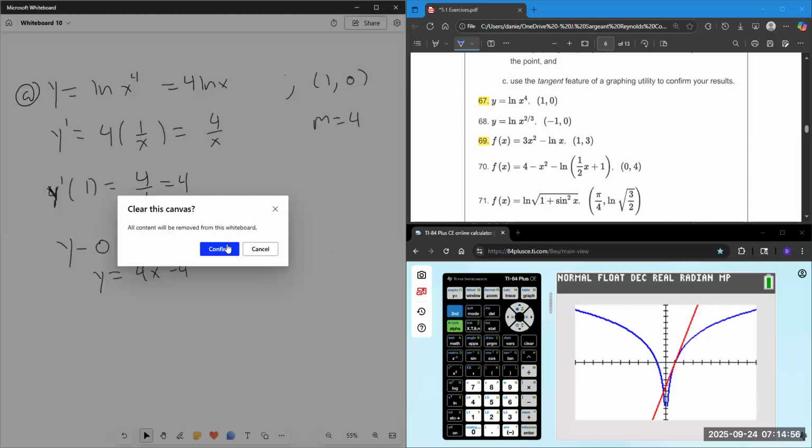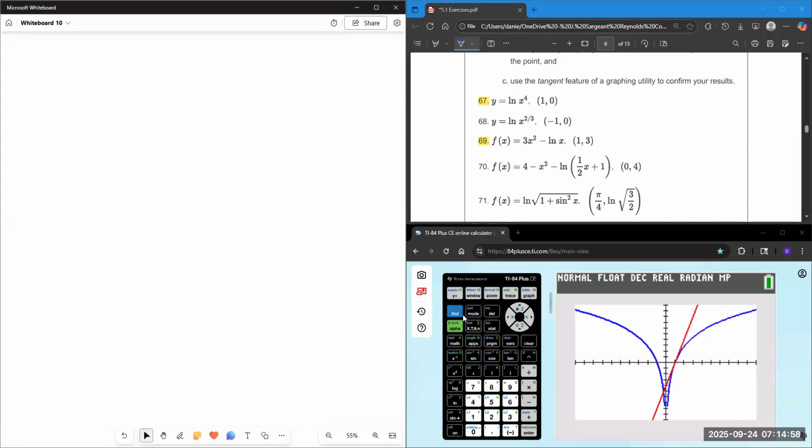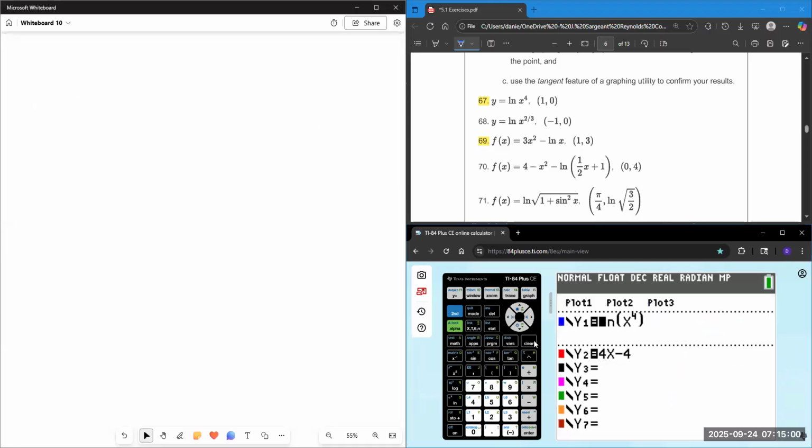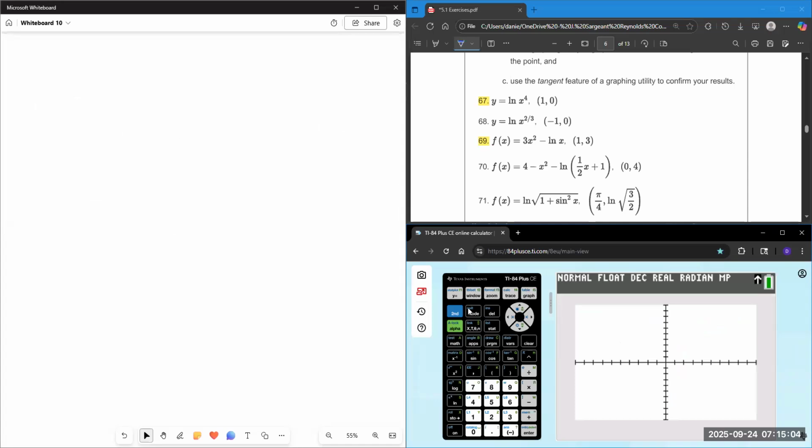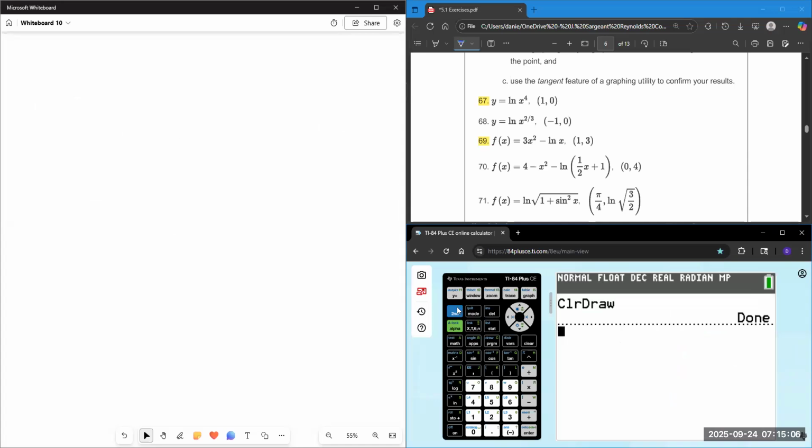Same type of question here. Going to clear all of this. My drawing's gone, that's good. So 69, f of x is equal to 3x squared minus ln of x at the point (1, 3).